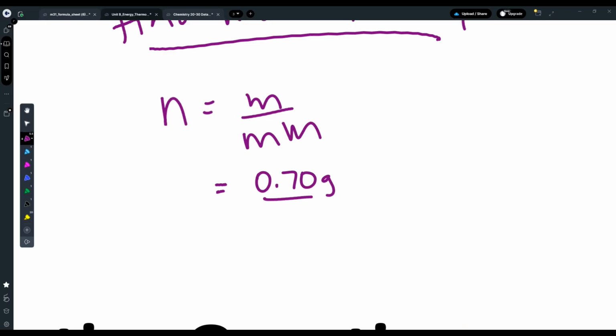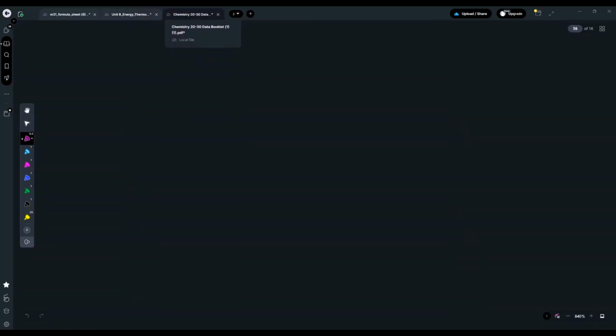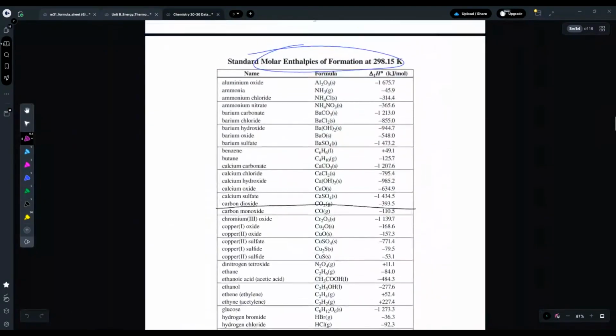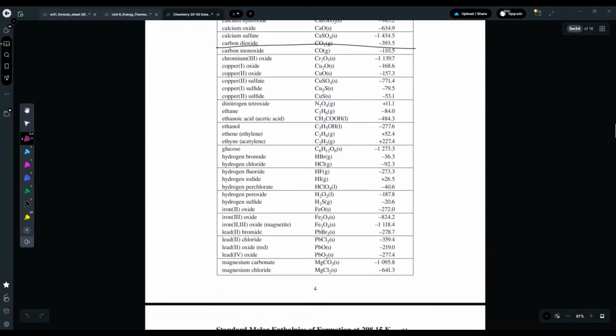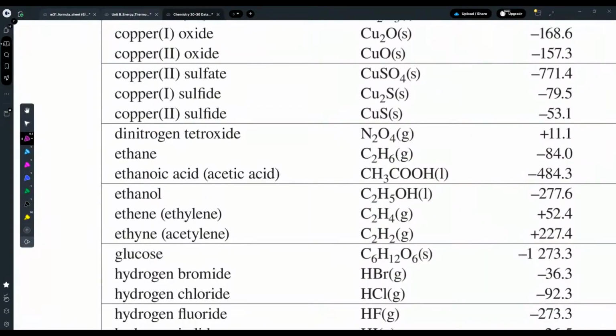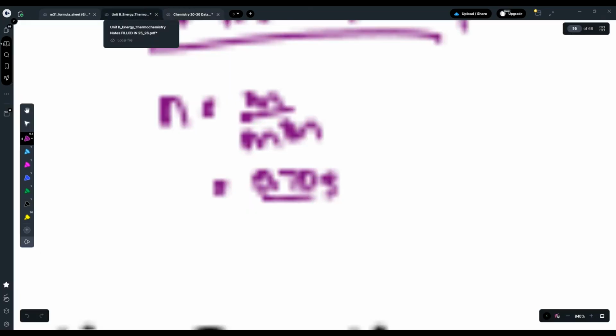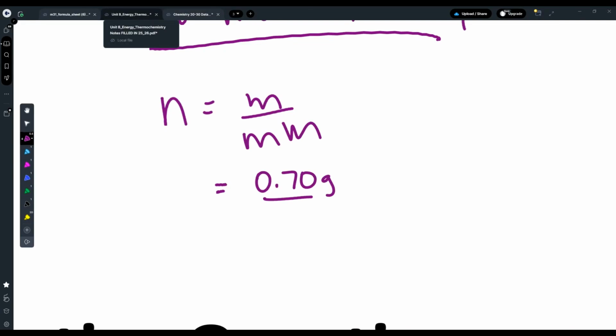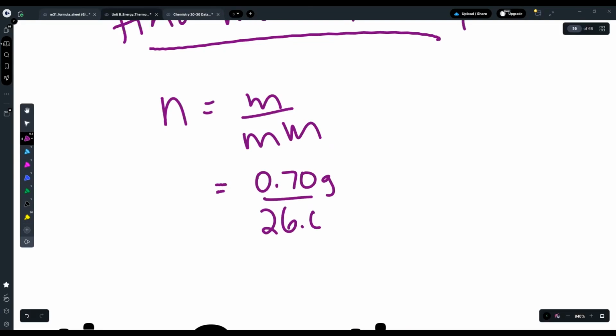If you don't know the chemical formula of acetylene, you can go to your data booklet on page 4. Another name for acetylene is ethine. The chemical formula for acetylene is just C2H2. So the molar mass of that is going to be 26.04 grams per mole.